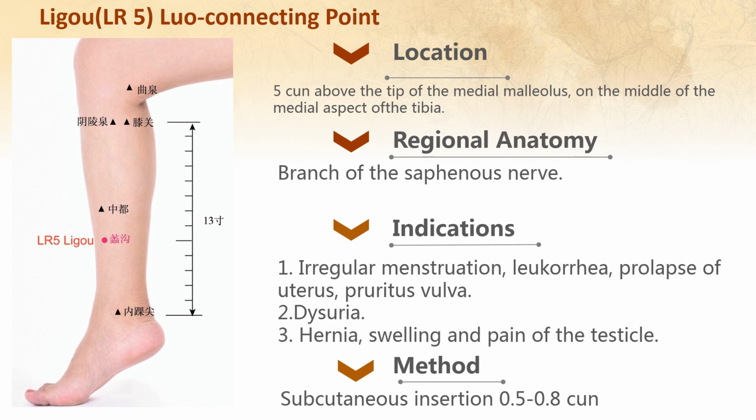These acupoint indications include irregular menstruation, prolapse of uterus, dysuria, and swelling and pain of the testicle. The operating method is subcutaneous insertion 0.5 to 0.8 cun.